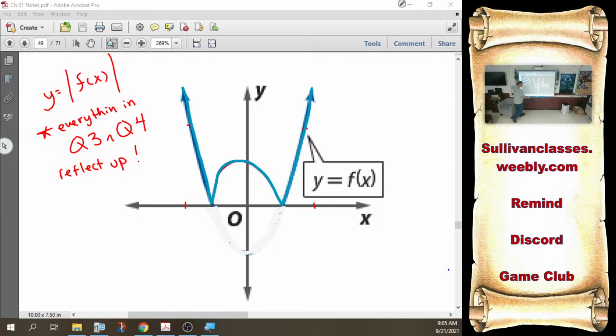If, on the other hand, I absolute value just the input, that means when I put in 4, I get this. When I put in -4, I'm still getting this, right? Because the -4 is getting absolute value. The input is being turned positive. So when I put in 2, I get 0. When I put in -2, I will also get 0. Because absolute value of -2 is 2.